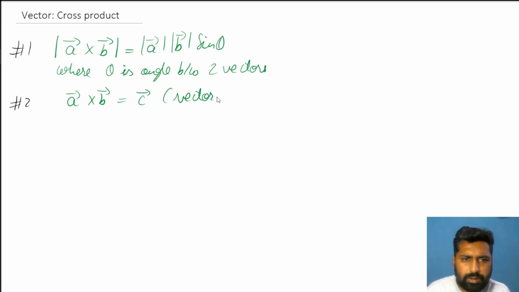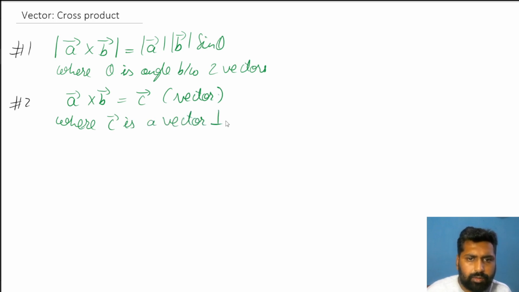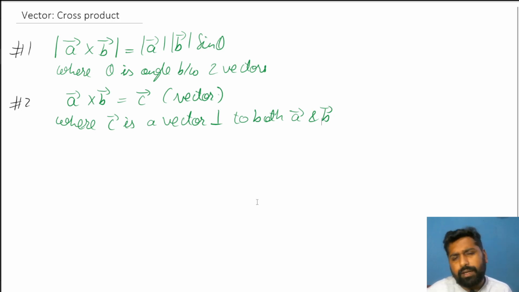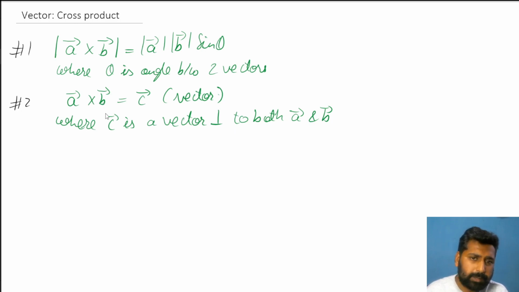Okay, it's a number, whereas cross product gives you a vector quantity, where C is a vector perpendicular to both A vector and B vector. Okay. So if you ever need a vector which is perpendicular to two given vectors, what do you do? You find their cross product. The cross product will give you another vector which will be perpendicular to both A and B. Okay.